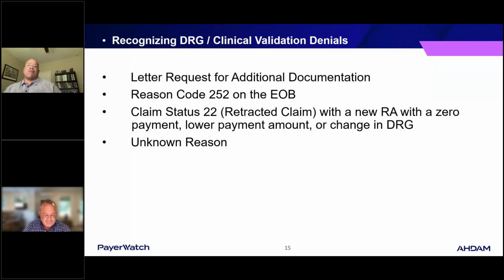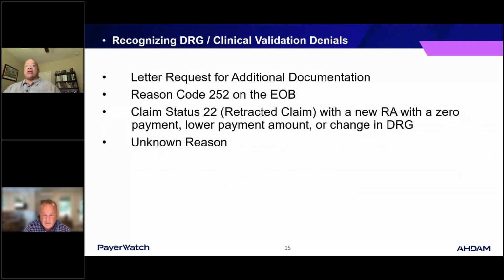So my takeaway here for everyone is that there are a lot of hospitals, as Dr. Smith said, that are bleeding. They don't realize that they have DRG and clinical validations because they disregard the additional letter. They don't recognize that 252 is actually an audit needing more records, or they see that they got a lower payment but don't go back to see what the original RA was, or that there's a change in DRG, and you're not going to know that unless you can go back and pull the old claim.